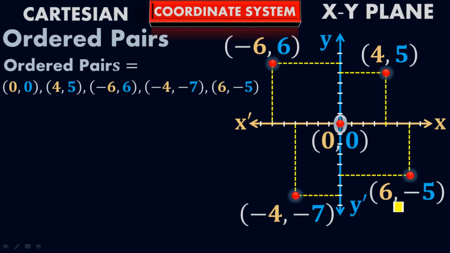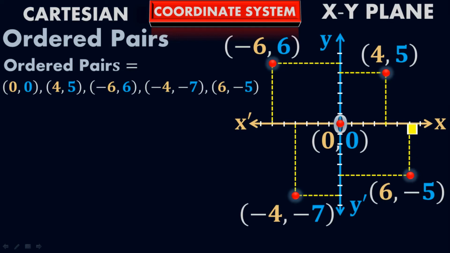For this point, we have positive 6, negative 5. The 6 is the x value and negative 5 is the y value, which means positive 6 along the x-axis: positive 1, 2, 3, 4, 5, 6.